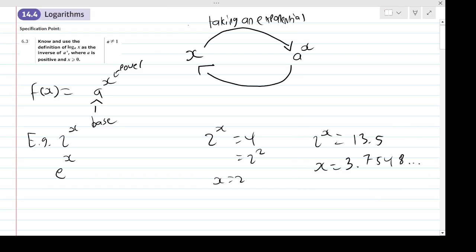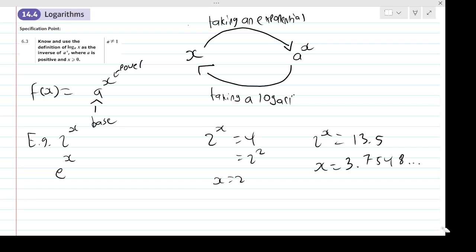So this motivates us to try and find an inverse operation. Instead of taking an exponent, instead of raising to the power of x, how do we find the power of x? And actually what this is, is a logarithm, so we could do something in reverse by taking a logarithm.